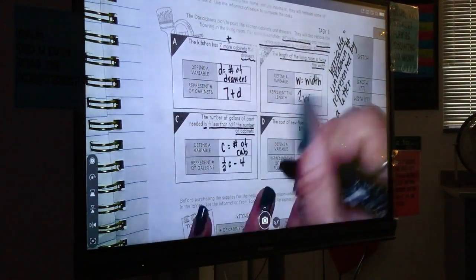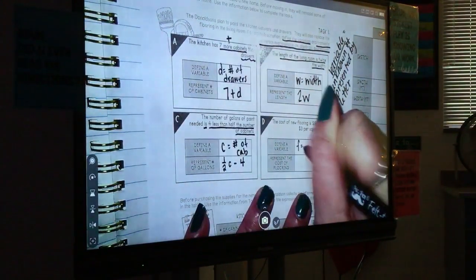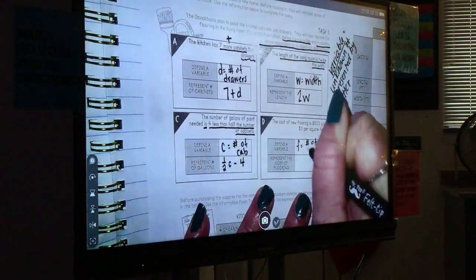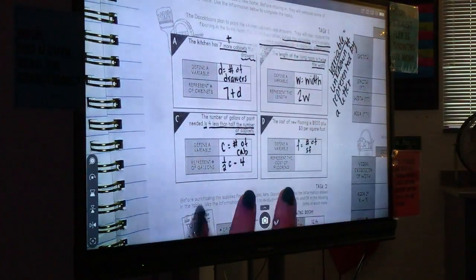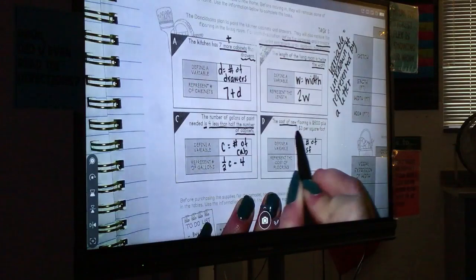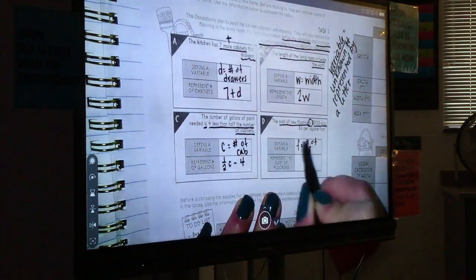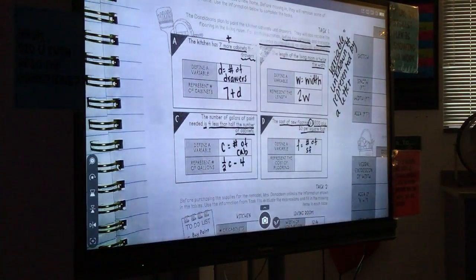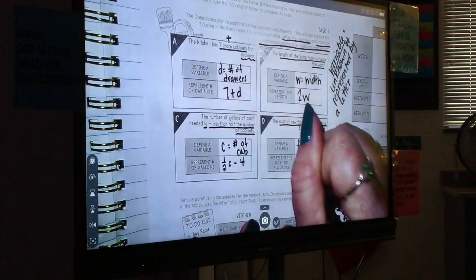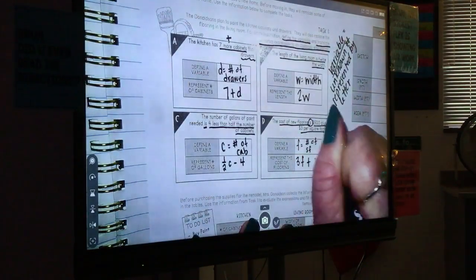So we know that our F is going to be number of square feet. And again, I write too big. So because it tells us the cost of new flooring is, that's the key word, 500 plus 3 times, or 3 per square foot. So this becomes 3 times F plus 500.